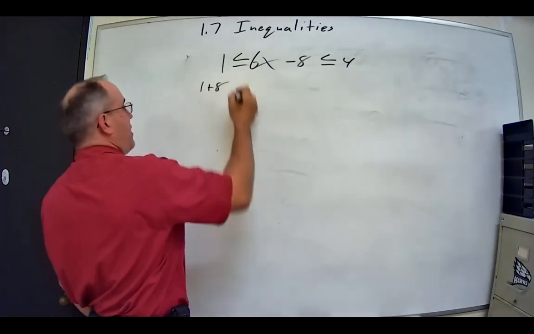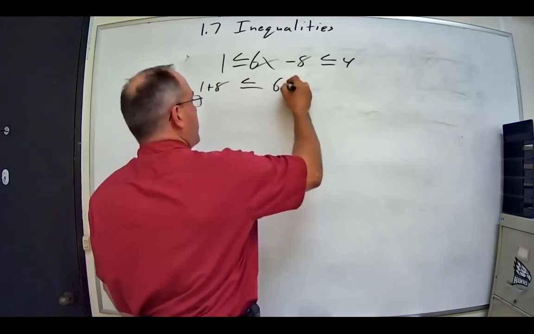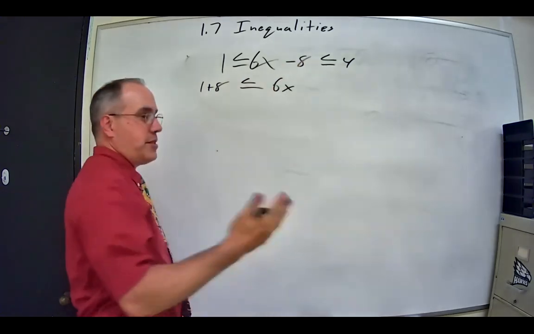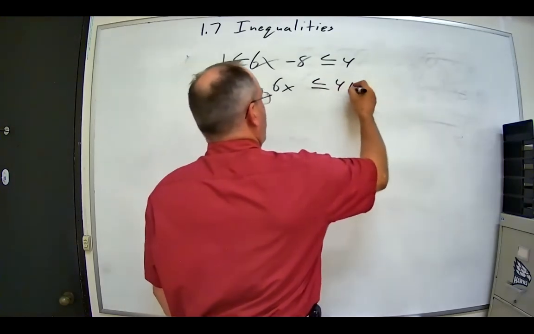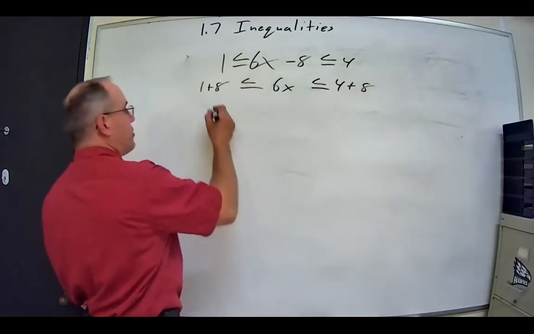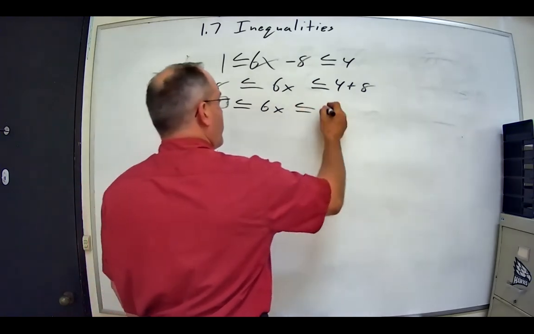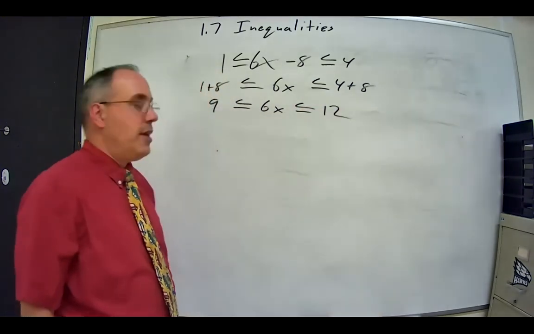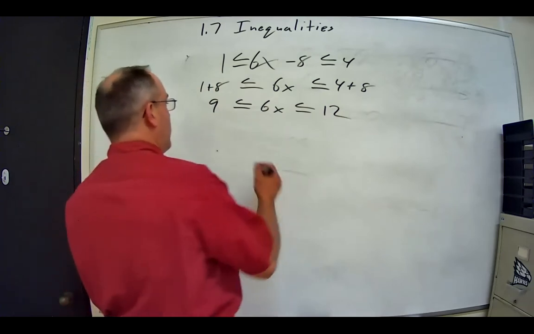So 1 plus 8 less than or equal to 6x, because negative 8 plus 8 is 0, less than or equal to 4 plus 8. So now I've got 9 less than or equal to 6x less than or equal to 12. And now I want to divide by 6 to get x by itself.